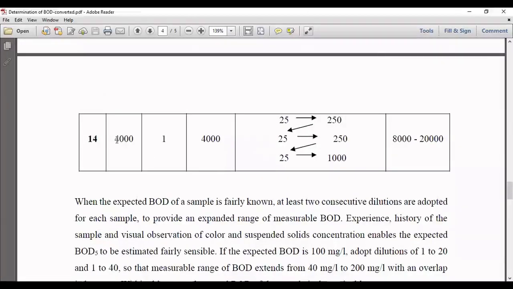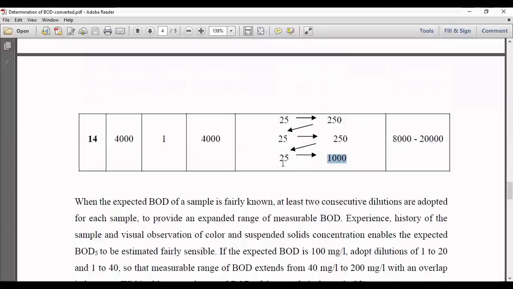So here also, the 4000 dilution factor can be achieved. Here you have taken 25 ml of sample, diluted it to 250, then you have extracted 25, then you have diluted it to 250, and here you have again taken 25 ml and diluted it to 1000.